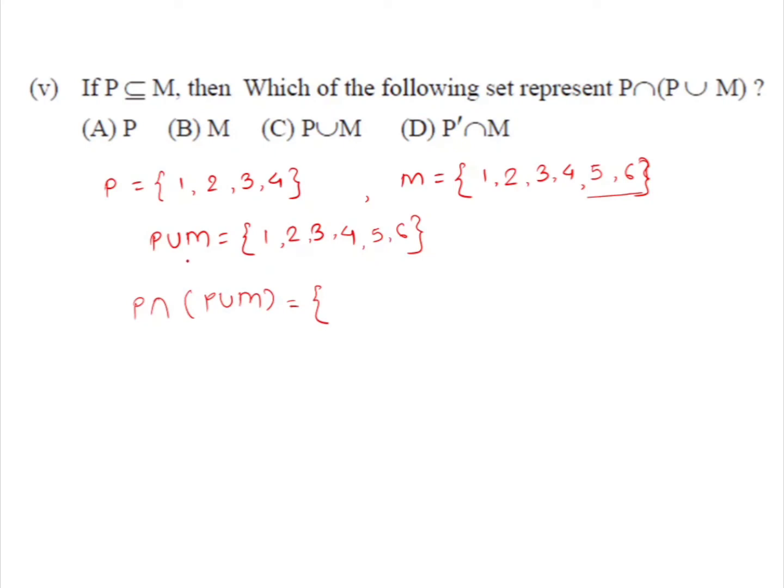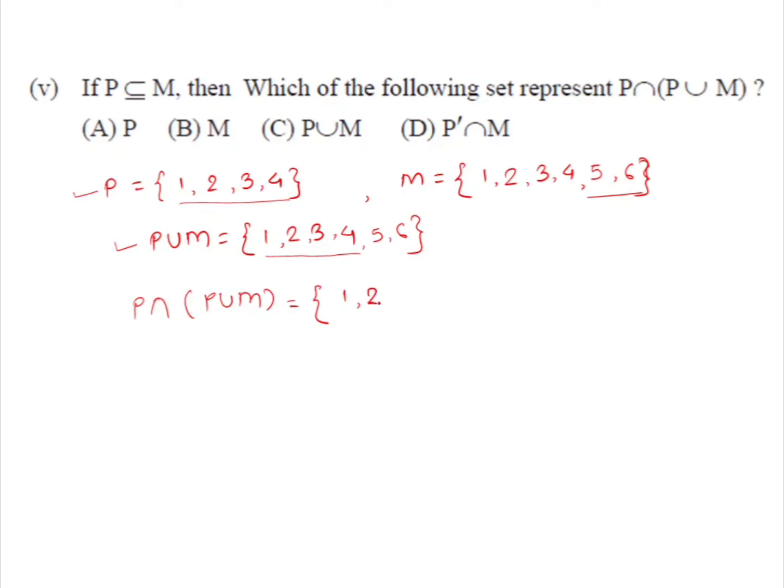We have to make its intersection with set P. That means we have to take all the common elements from these two sets, P and P union M. As we can observe, there are 4 elements in P, 1, 2, 3, 4, and in P union M, that is 1, 2, 3, 4. So these are the 4 elements common in both of these two sets.